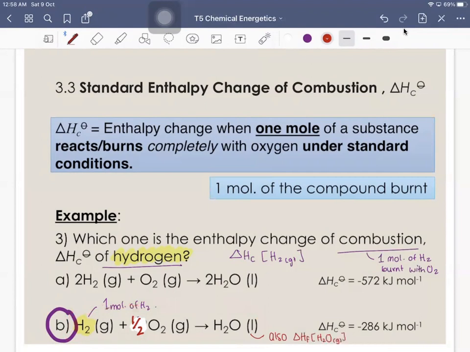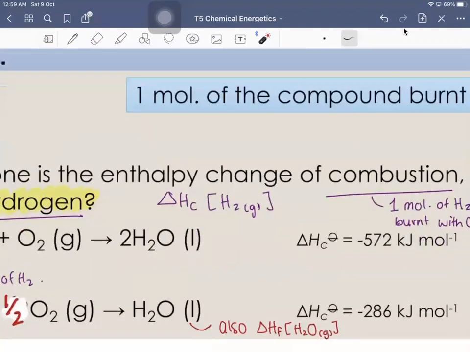So be careful when writing down the label, right? Here, it has to follow the enthalpy change. If you're talking about combustion, it's the reactant. If you're talking about formation, it's the product, all right? But they both are the same, so they give the same value, -286, right?